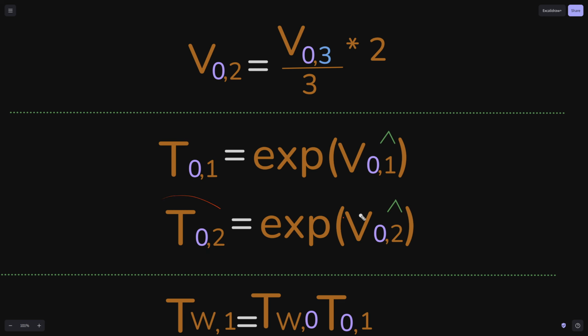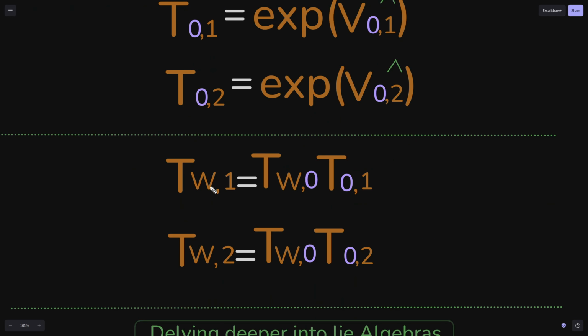We recover the transformations. So as now we have these transformations, we can represent them in a world frame. So how the world is one, it's just this transformation, which came in the input as a representation of the initial frame, multiplied by or composed, if we think more in group theory, by T01, and the same for the second frame. Okay?